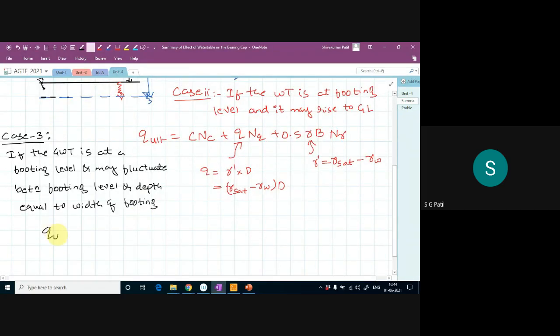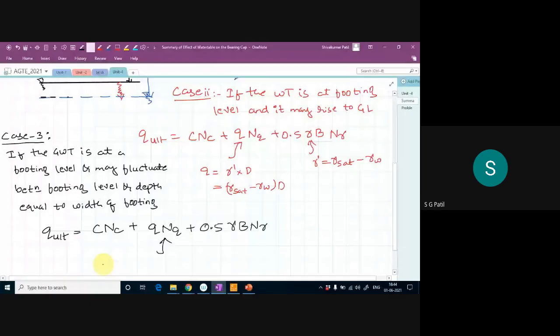Then what changes will happen to my equation? Let me write my original equation: Q ultimate equal to C N_C plus Q N_Q plus 0.5 gamma B N gamma.